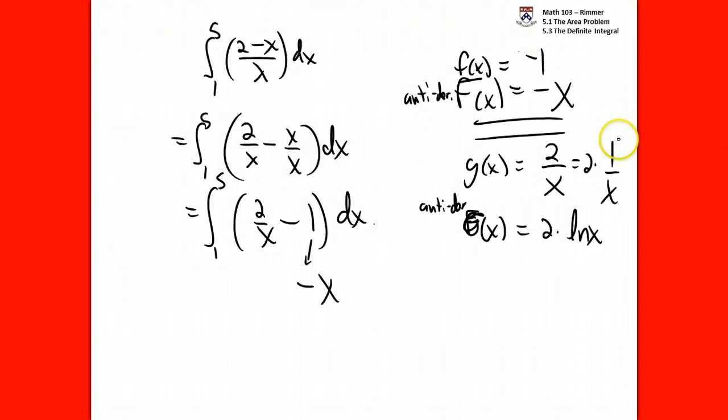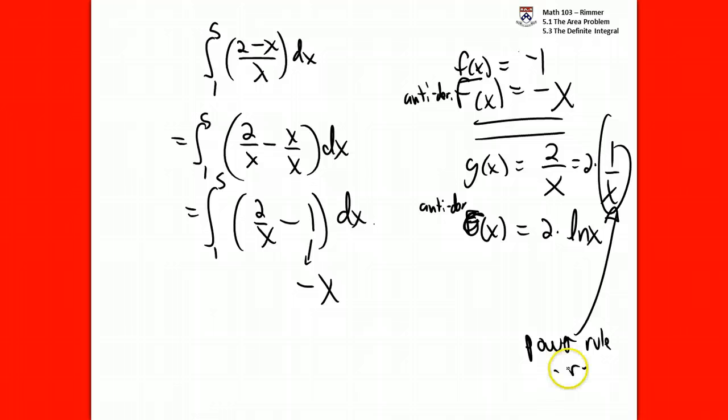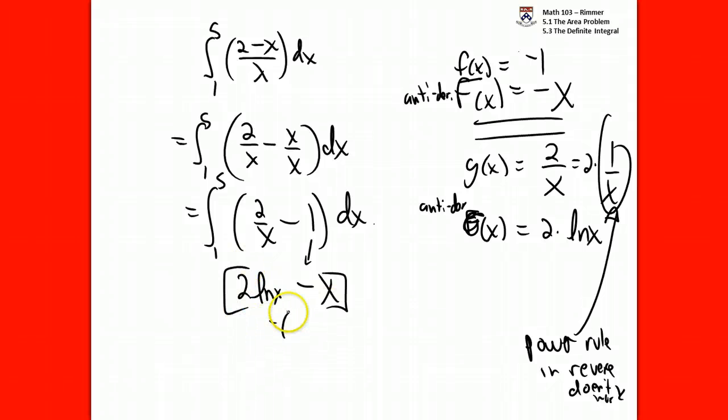Okay, power rule in reverse does not work here. Okay, almost done. So we get 2 times the natural log of x minus x. That's our antiderivative. We need to plug in a 1 and a 5.